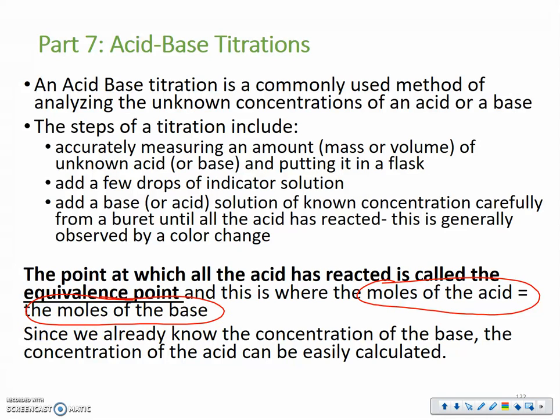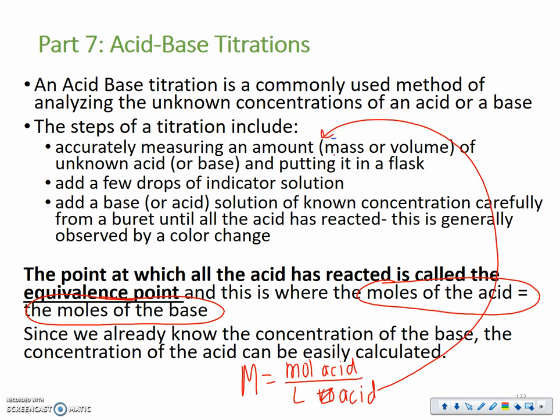So what we can do is figure out the concentration of the acid from this, because we can figure out moles of the acid by figuring out the moles of the base, and we know the volume of the acid because that was something we measured at the very beginning. So once you figure out from the base, you'd figure out the amount of base you had to add, and you can figure out the moles of base from that. And then those two things are going to be equal.